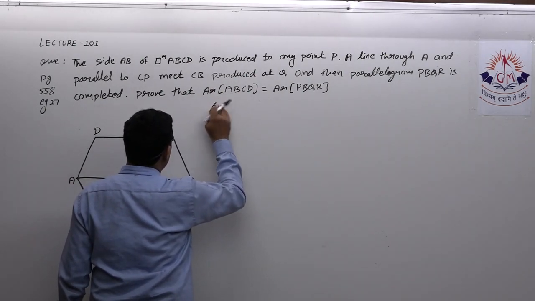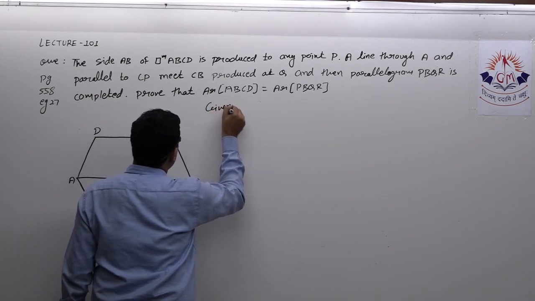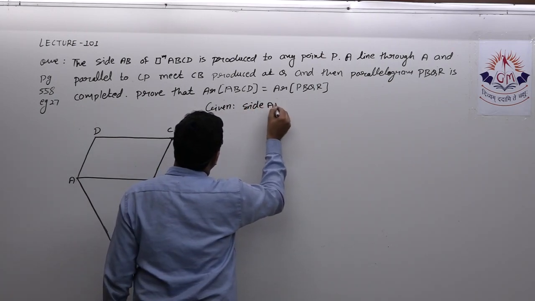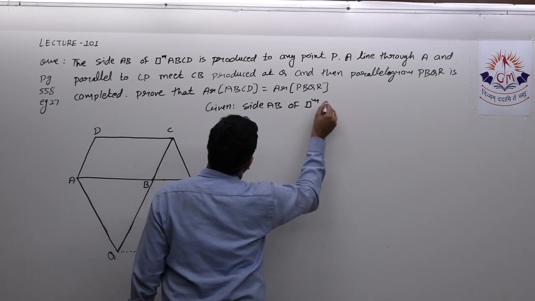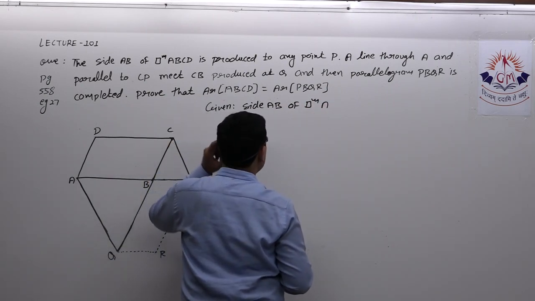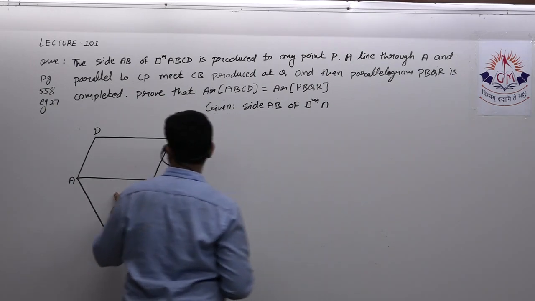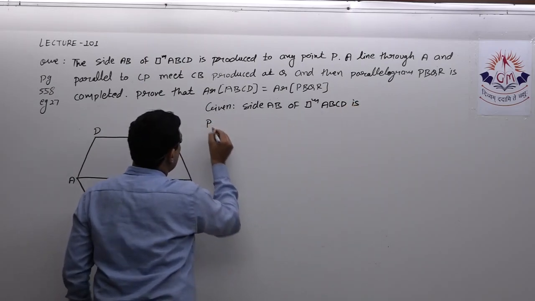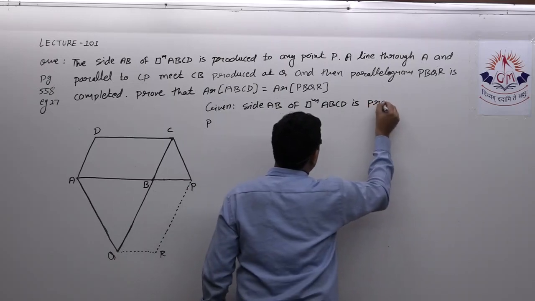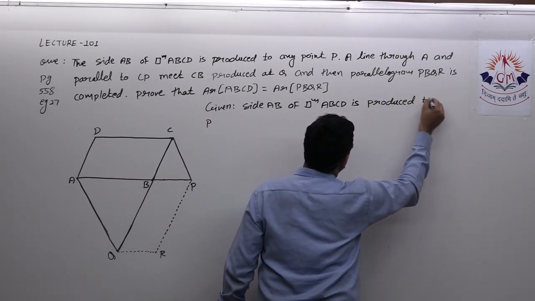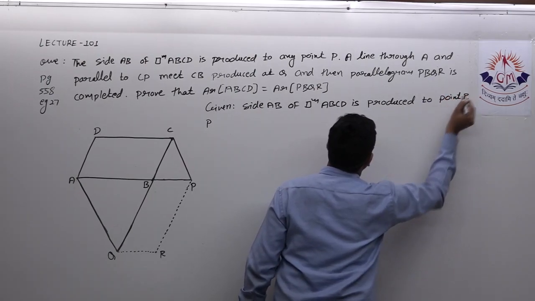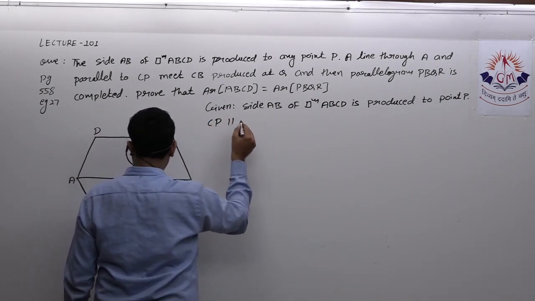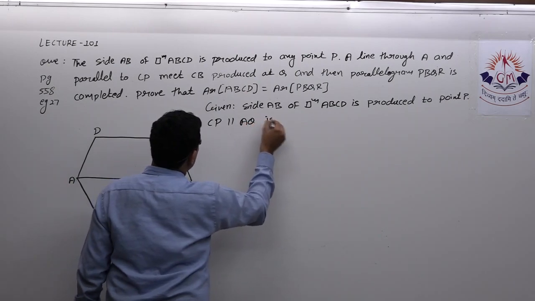So first of all, what is given, I write. Given side AB of parallelogram ABCD is produced to point P. Then CP parallel to AQ is drawn.